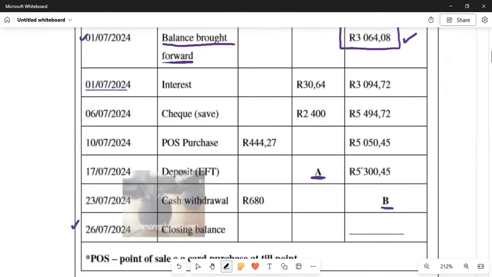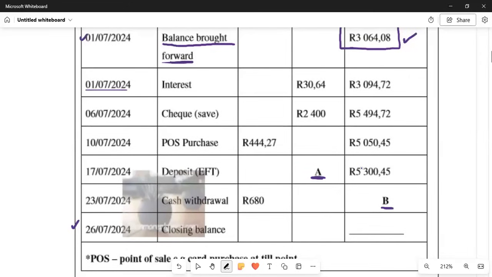We need to understand that there was a purchase of 5,000.